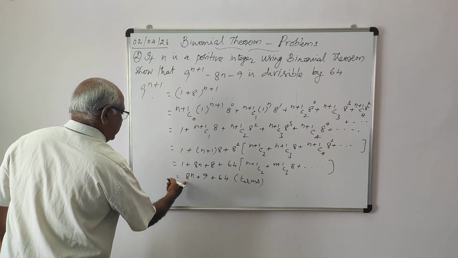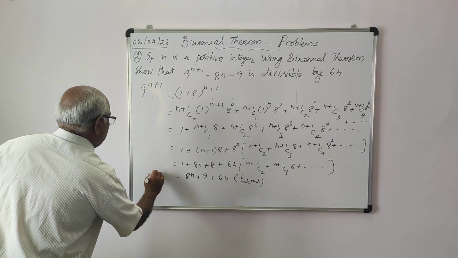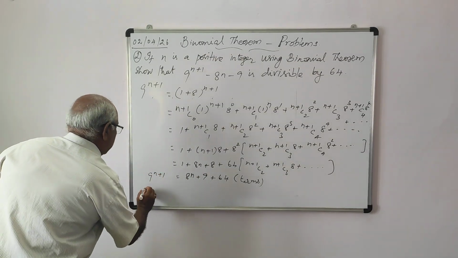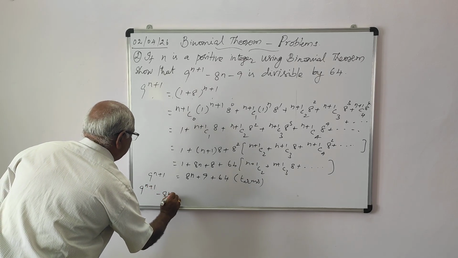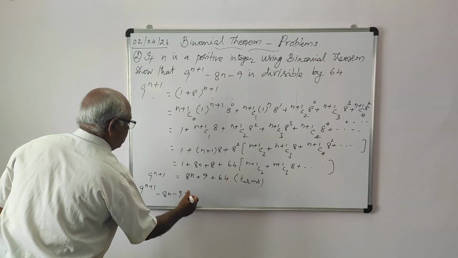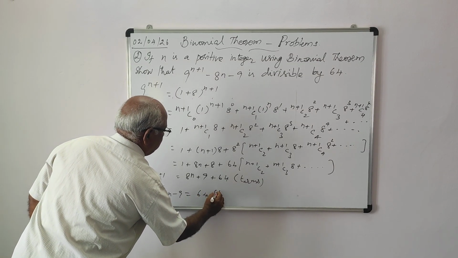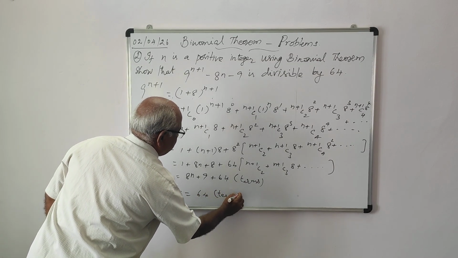இப்போ இந்த 8 and 9 கொண்டு வந்துருக்கு. ஆல்ரெடி இங்கே 9 power n plus 1 இருக்கு. அப்போ 9 power n plus 1 minus 8n minus 9 equal to 64 into multiples of the remaining terms.